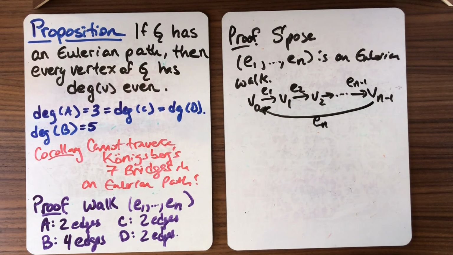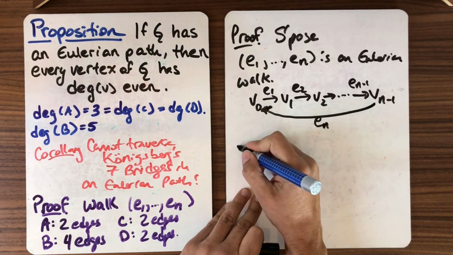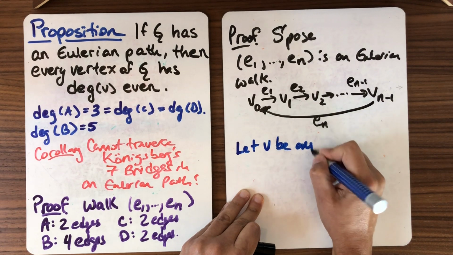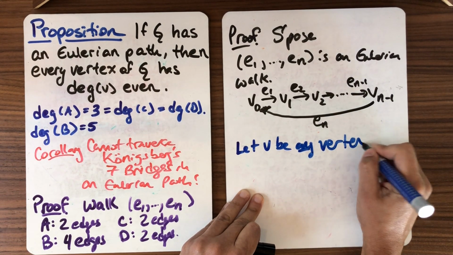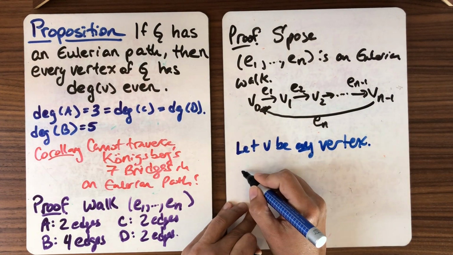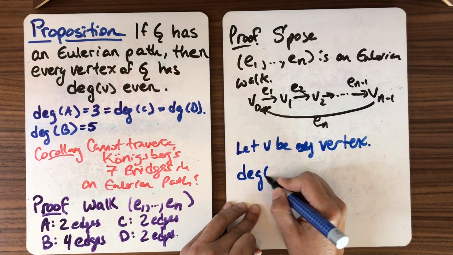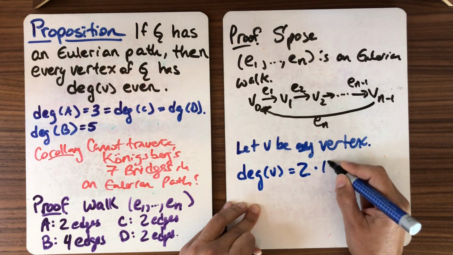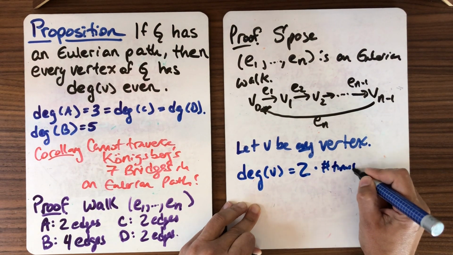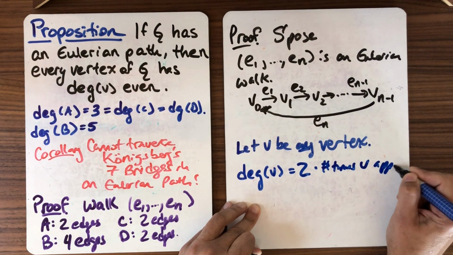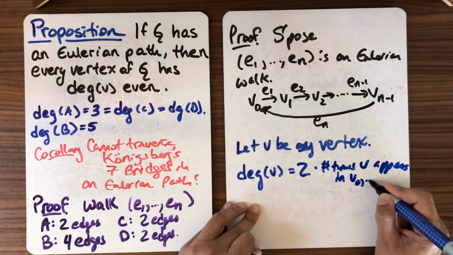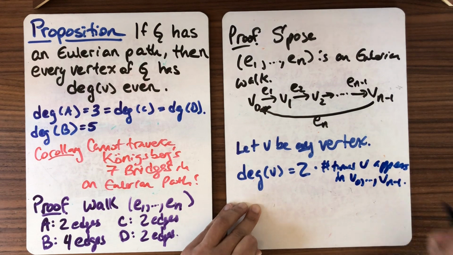And what we're going to do is think about any vertex. So let V be any vertex. Then what is the degree of V? It equals 2 times the number of times V appears in V0 all the way up to Vn minus 1.